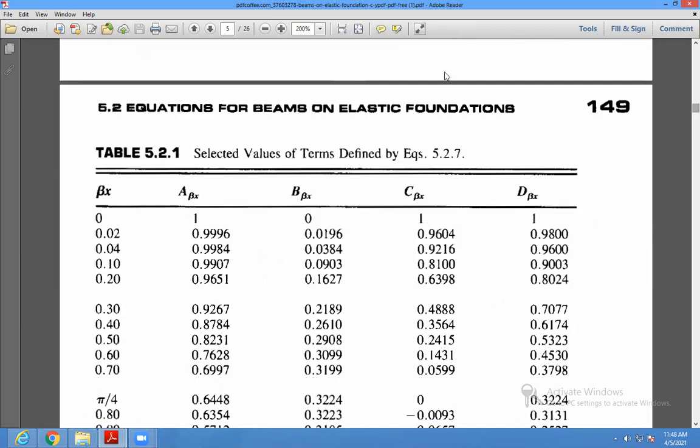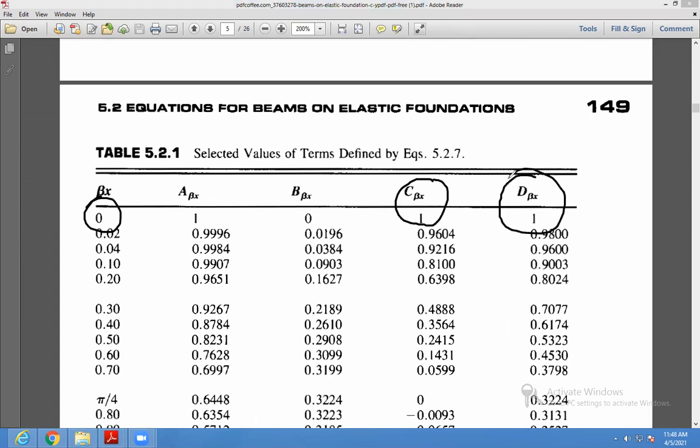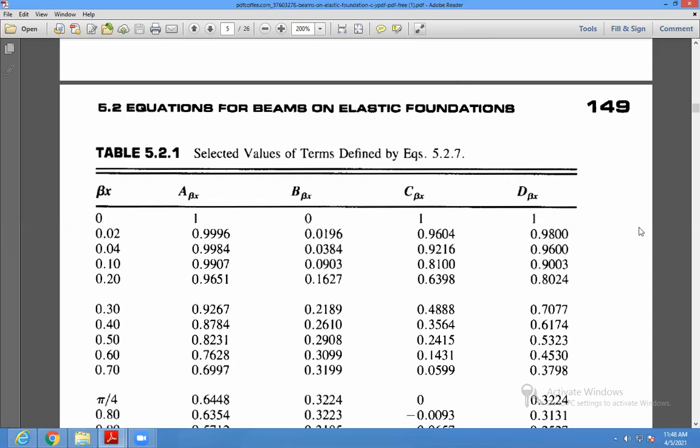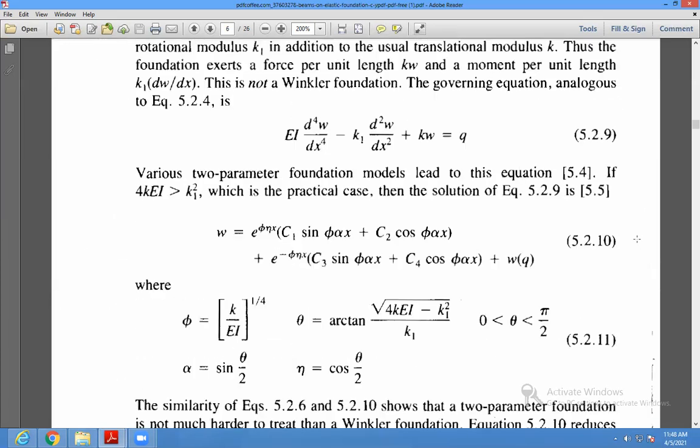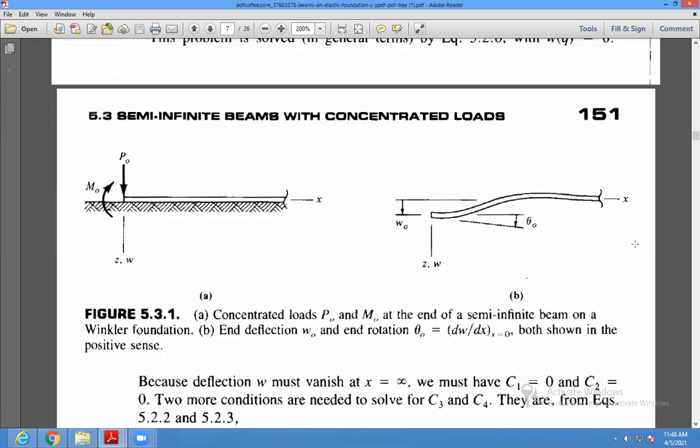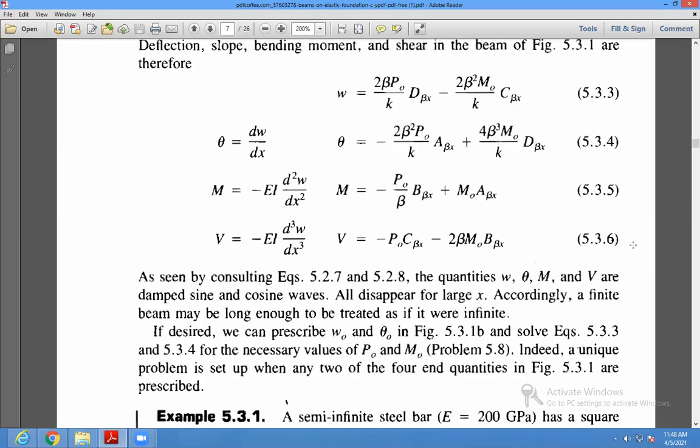At x equal to 0, C beta x equals 1 and D beta x equals 1. Whatever the equations of C beta x and D beta x, you can put x equal to 0 and get the value 1. Now we put these values in the equation of deflection W, where P naught is replaced by P naught by 2 and M naught is P naught by 4 beta.